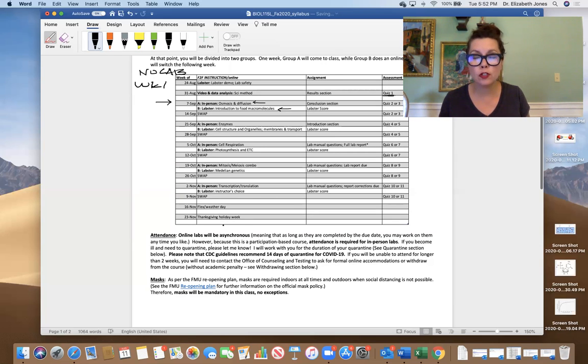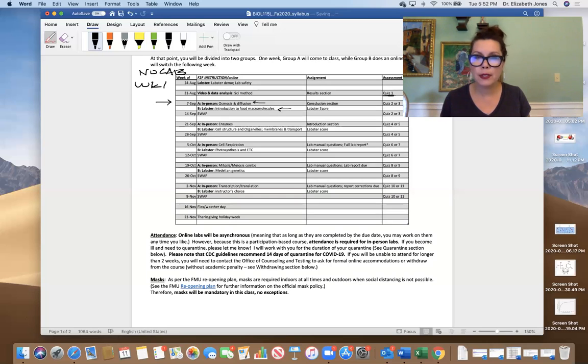You don't have to do it during the scheduled lab period, but they have to be completed by the due date, and that will be listed for you in Blackboard, okay? But once we move to in-person labs, this is a participation-based course, so as long as Francis Marion asks us to remain in person, you will be expected to attend on your assigned date, okay?